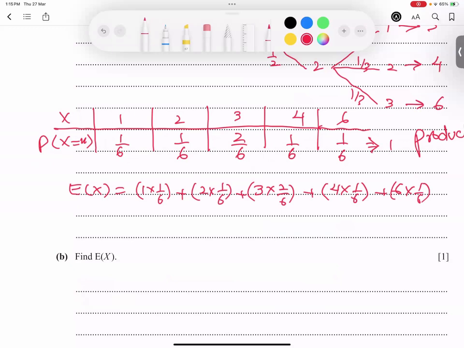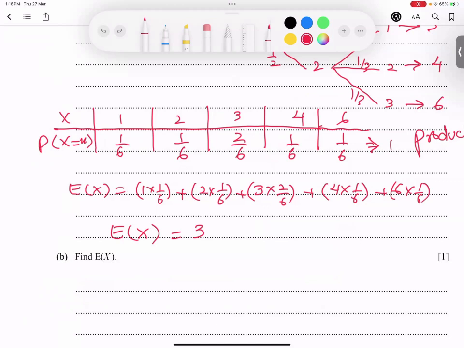So if I type in the calculator, my answer turns out to be E of X is 3, because 2 plus 1 is 3, 3 plus 6 is 9, 9 plus 4 is 13, plus 6 is 19. Wait a minute, 18 comes, 18 by 6.